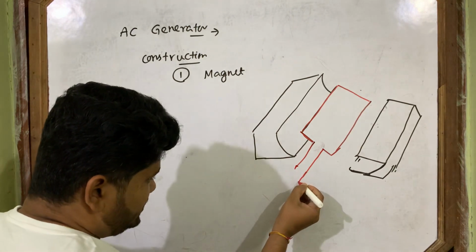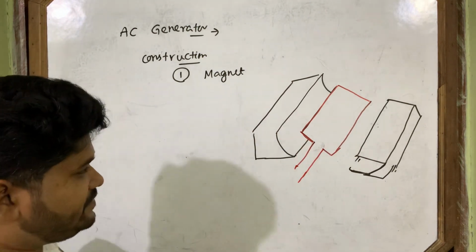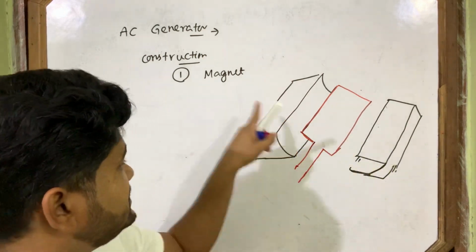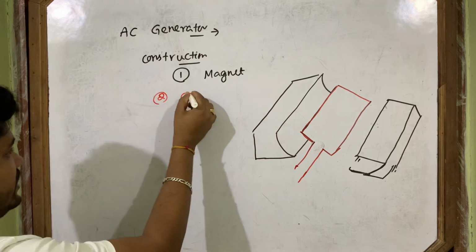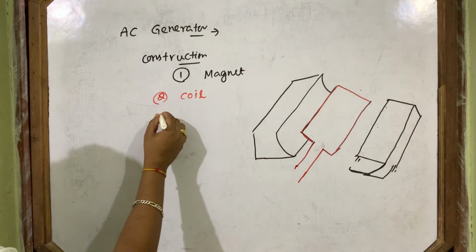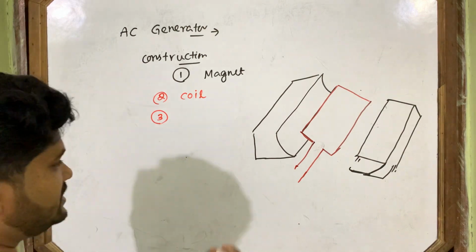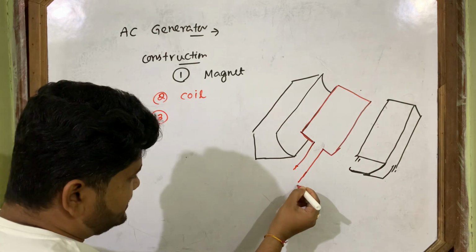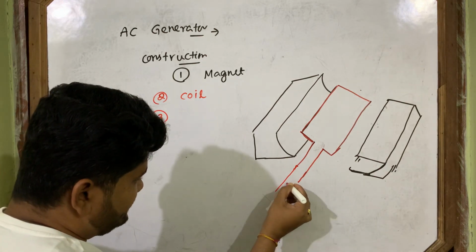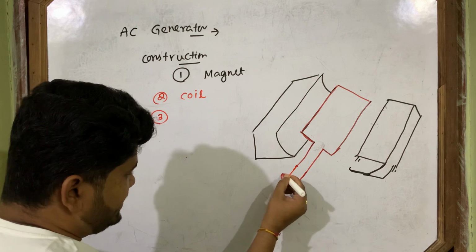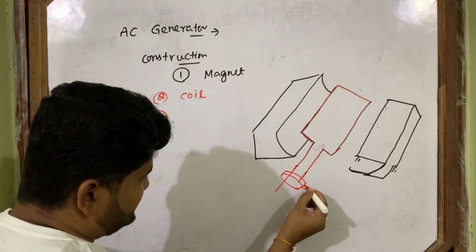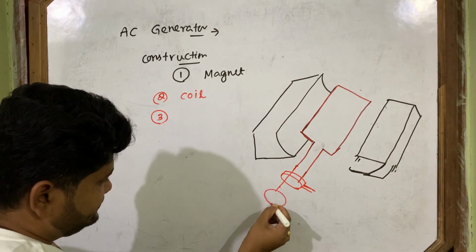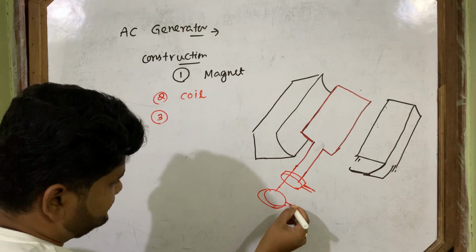This coil is made up of copper, and these are the two pole pieces of the magnet. Second is the coil, and third are the slip rings and carbon brushes. We will connect the slip rings here.